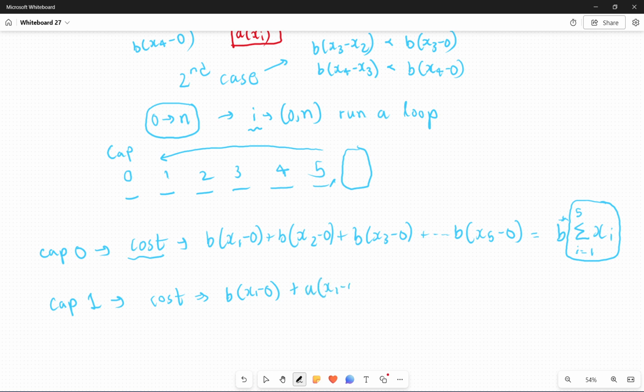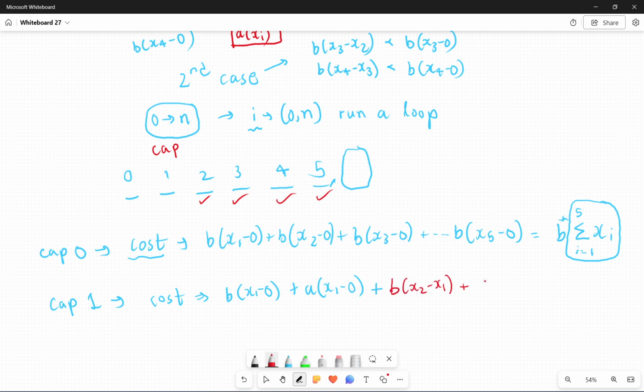Then you have the capital here. Let's move the capital. We have moved the capital. Now you want to conquer the remaining four cities, so b into x2 minus x1, plus b into x3 minus x1, and so on up to b into x5 minus x1.